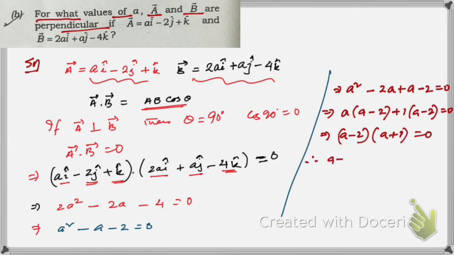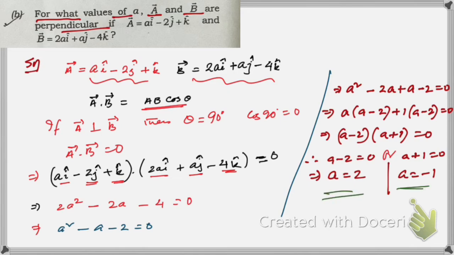Therefore either a minus 2 is equal to 0 or a plus 1 is equal to 0. So this implies a is equal to 2 and this implies a is equal to minus 1. So these are the values of a for which these two vectors can be perpendicular. So these are the required values of a.